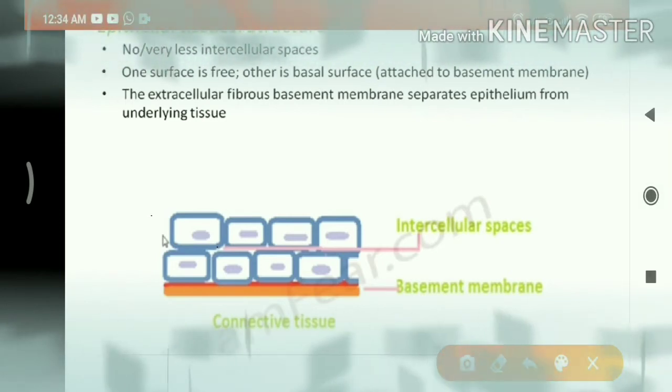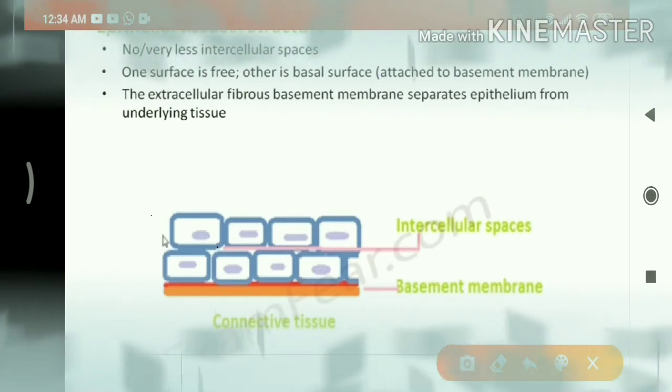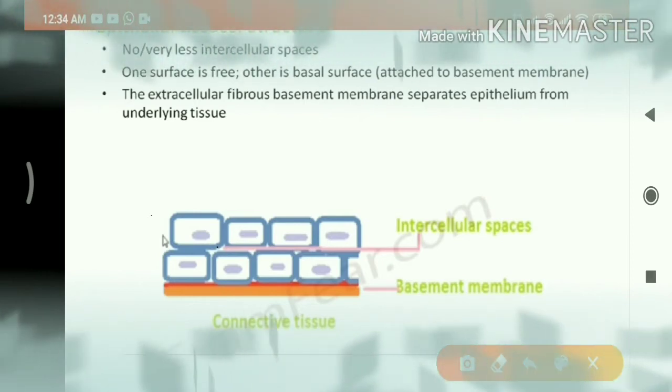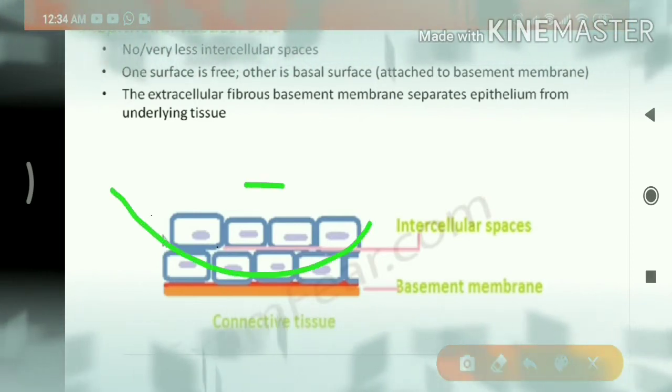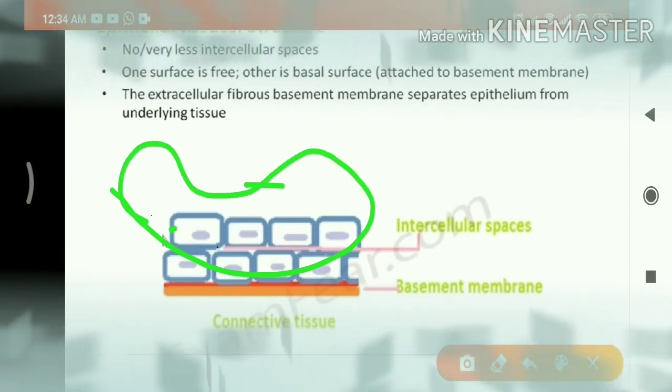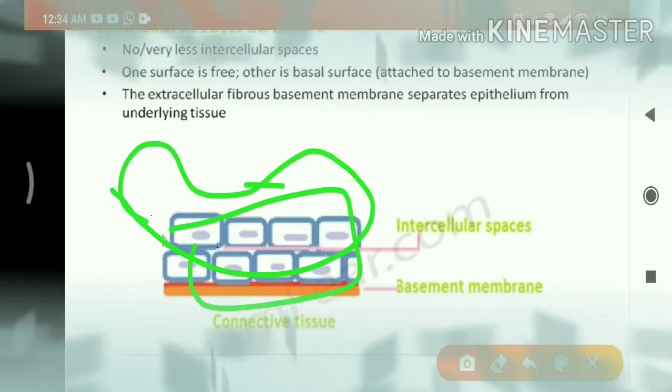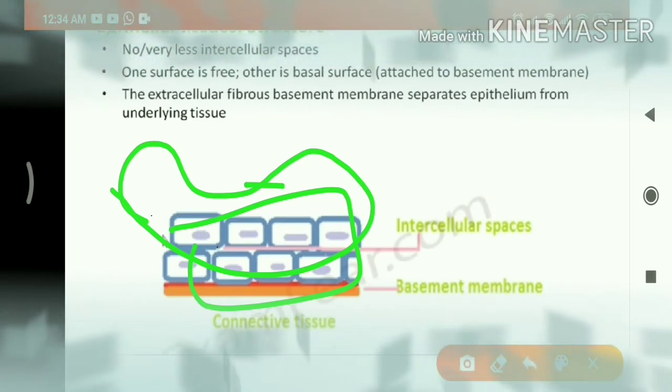This separation is done with the help of these epithelial tissues, closely packed cells forming a continuous sheet. You can see this structure is a properly continuous sheet formed with the help of this arrangement, right? And no blood vessels are present within this, right? So let's move on to the next slide.